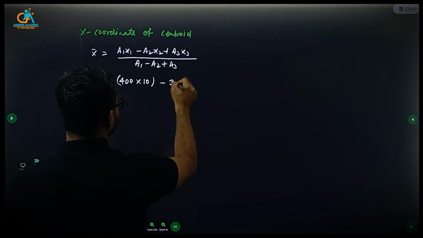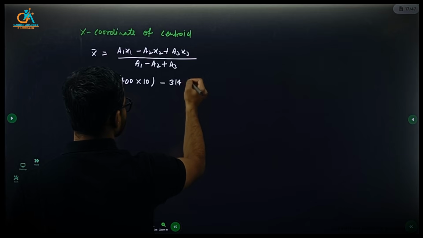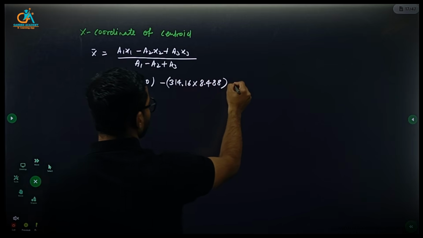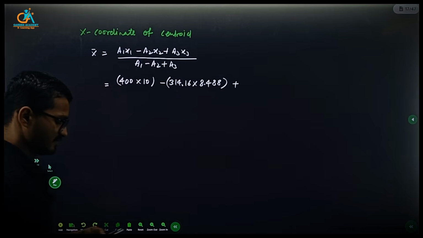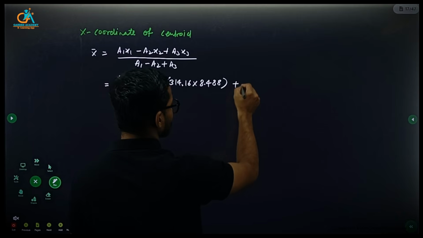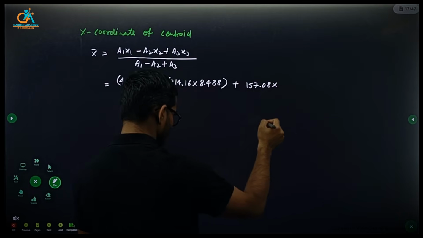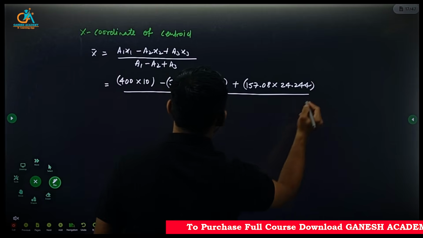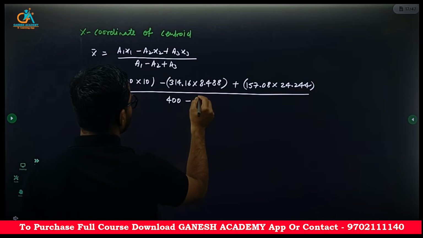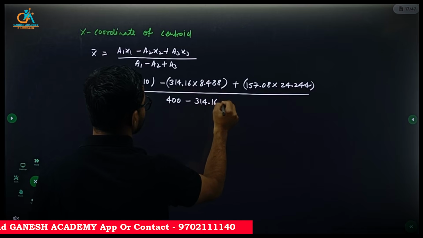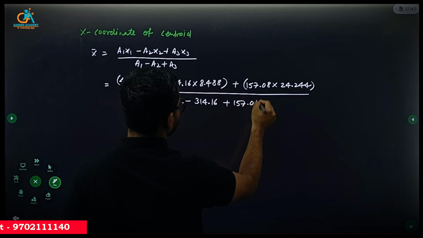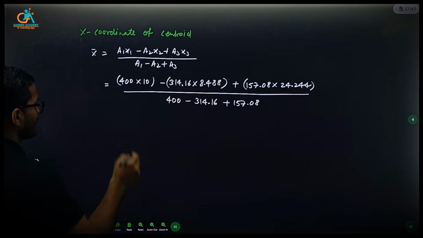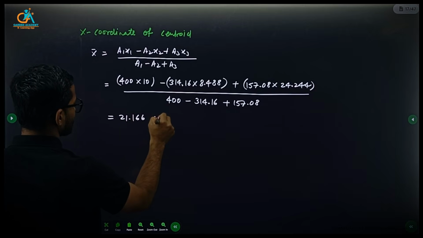So it is 314.16 into 8.488 and plus 157.08 into 24.244. It is 21.166 centimeter.